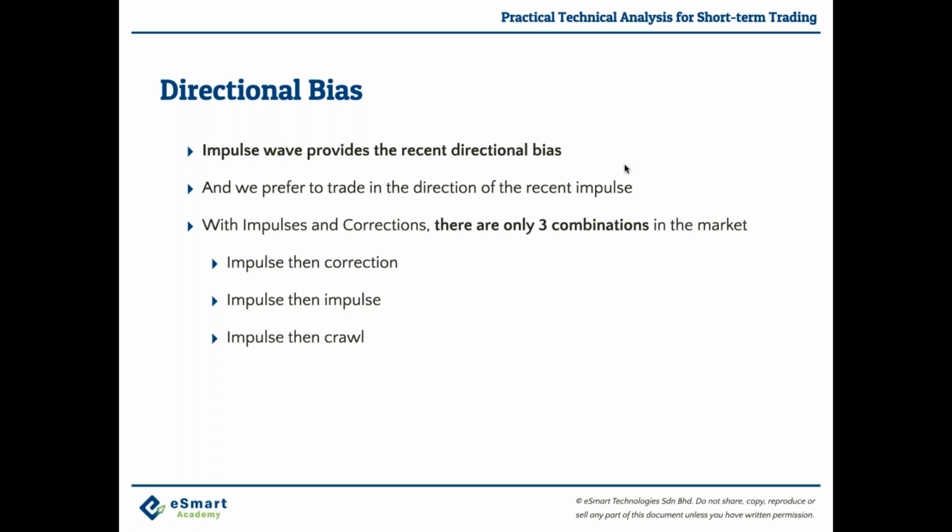This one has a slight difference from impulse and correction. We'll go into the details in the next few slides. But I want you to know that with the impulse and correction principle, there are only 3 combinations, and these are the 3. So let's take a look at the detail of these 3 different combinations.